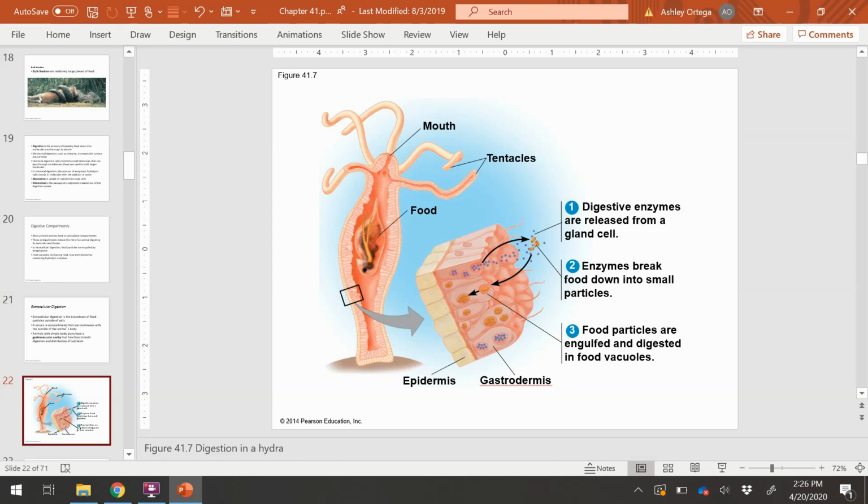Those food vacuoles fuse with the lysosomes, which break down the molecules of food into small enough molecules to be used by the cell, and then they're spread to the epidermal layer to be used by all cells. And so then waste is generated, and then waste is pushed out into the gastrovascular cavity, where then it will expel out of the mouth.